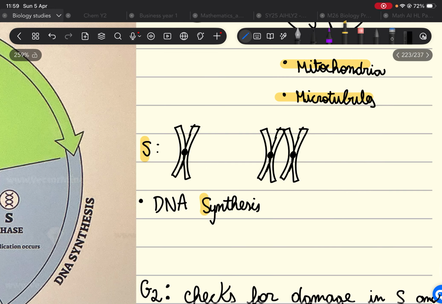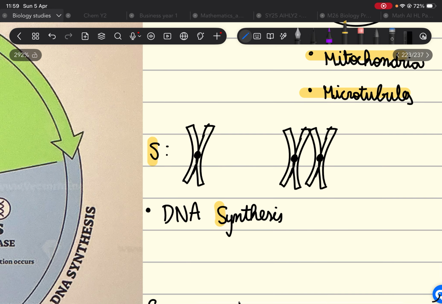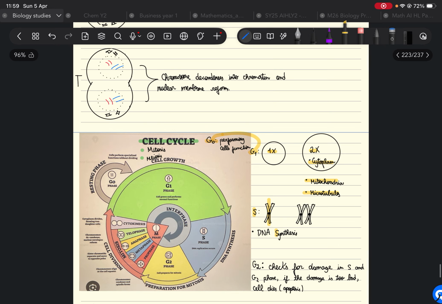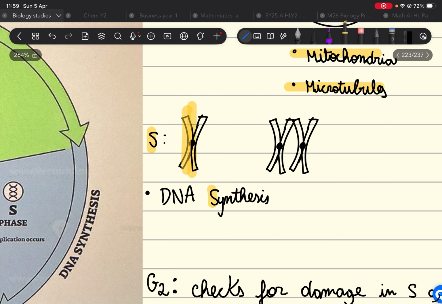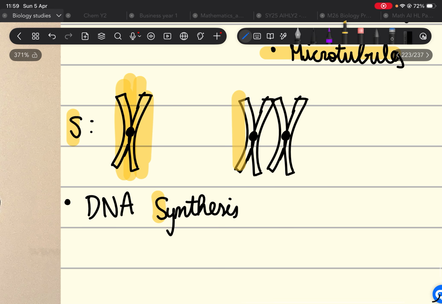Okay, now in the DNA synthesis, we get the chromosome. I'm sorry that it's a bit different from here, but it's the same. We get the chromosome here, and then we gotta make sure that we get the same amount of chromosomes for each cell, so we gotta double. Okay, so I like to remember the S phase.